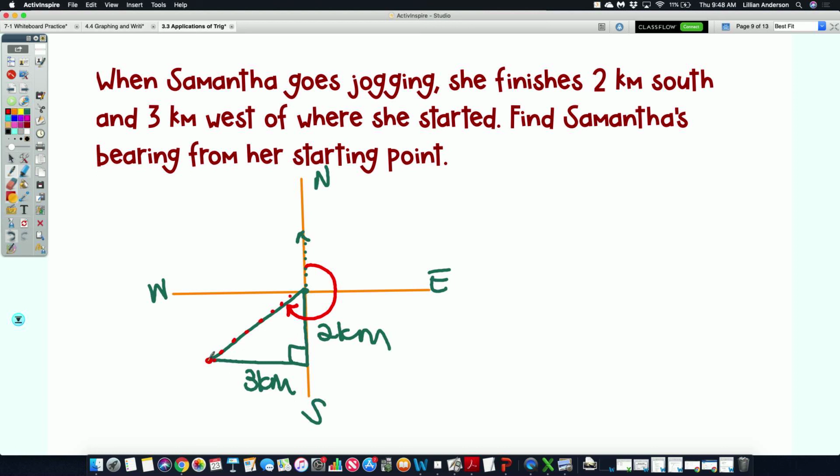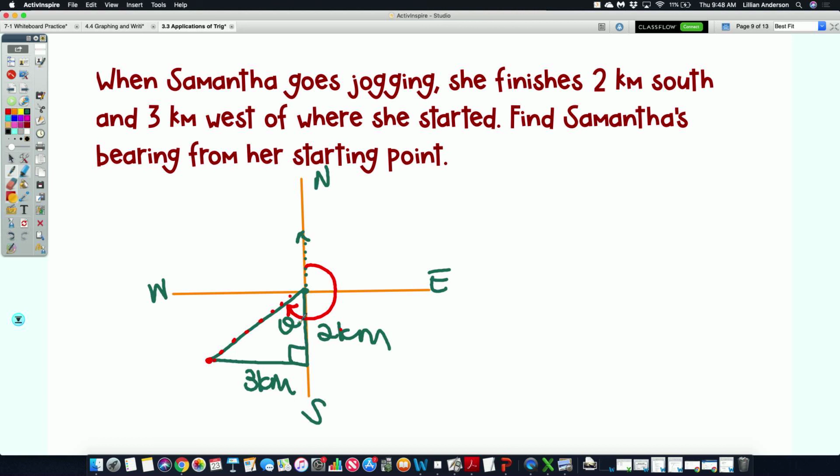And that angle on the top is not exactly 45, because it's 2 km and then 3 km. If it was 2 km and 2 km, we could say 45, because it would be an isosceles right triangle. But we need to figure out the angle on the inside of the triangle, and then add it to 180 to find the true bearing.